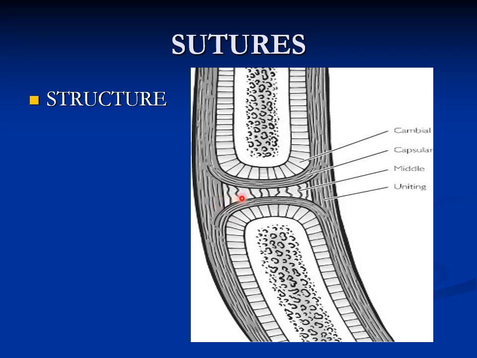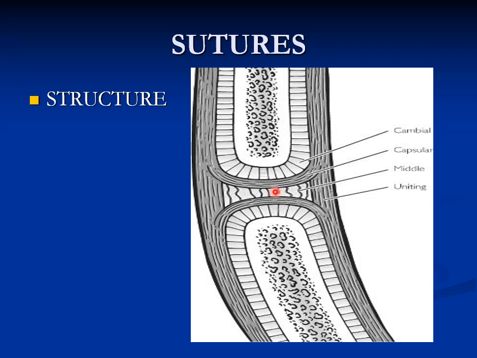As now you know that the sutures are an example of the fibrous variety of joints, here must be some fibrous tissue. That intervening, middle component which helps to unite the two bones in a suture together, that middle layer is the sutural ligament.